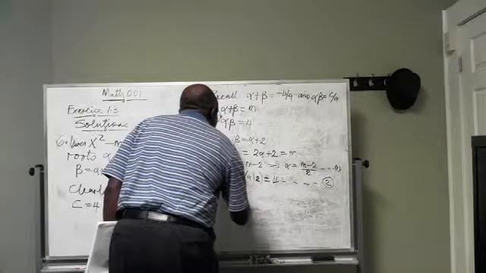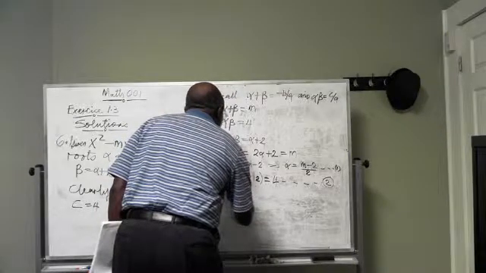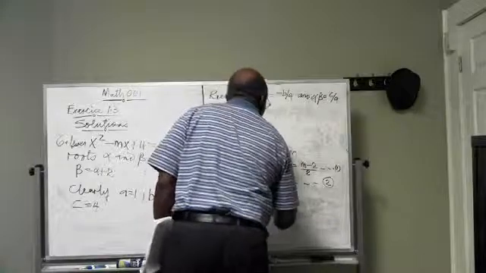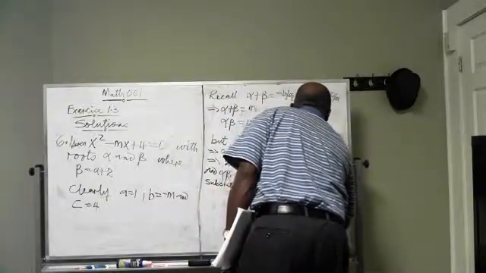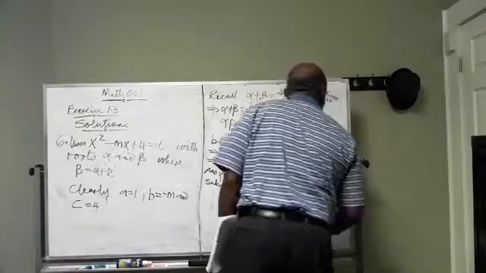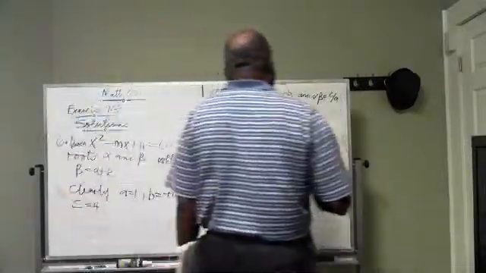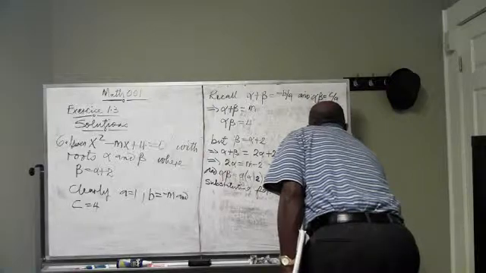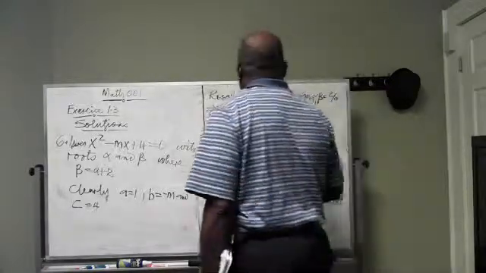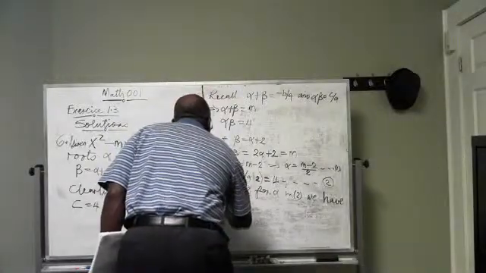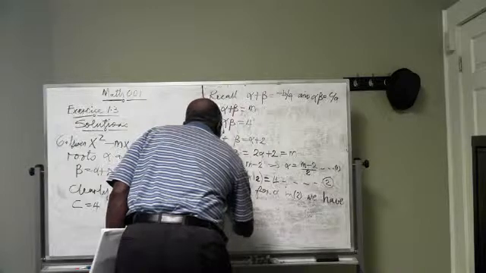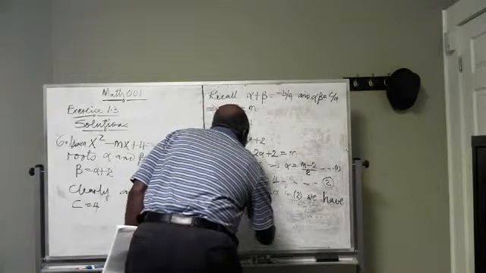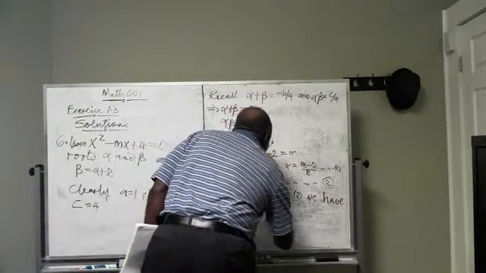Substituting for alpha in 2, we have m minus 2 all over 2 into m minus 2 all over 2 plus 2 equals 4.